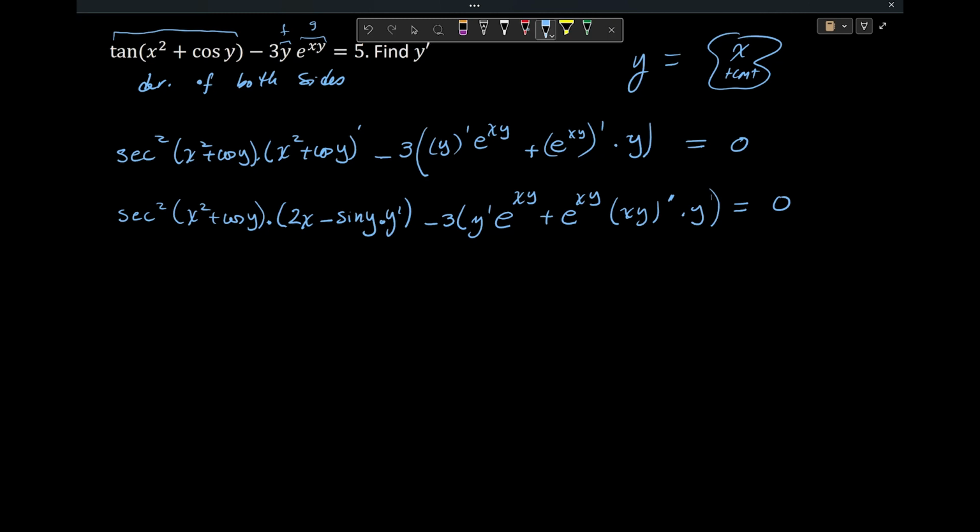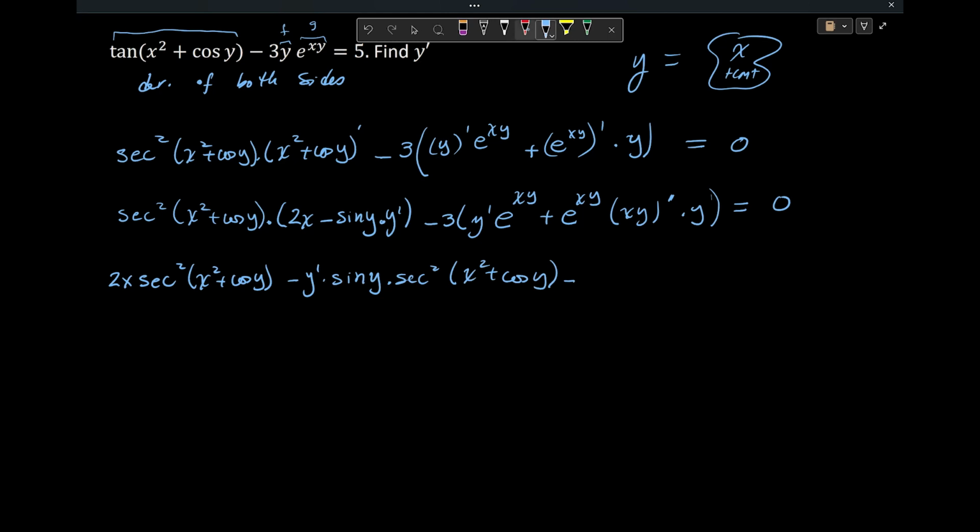So let's continue working on the first term. We can expand this out. So that will be 2x secant squared of x squared plus cosine y minus sine y times y prime. Let's just put y prime first. Y prime sine y times secant squared of x squared plus cosine y, minus.